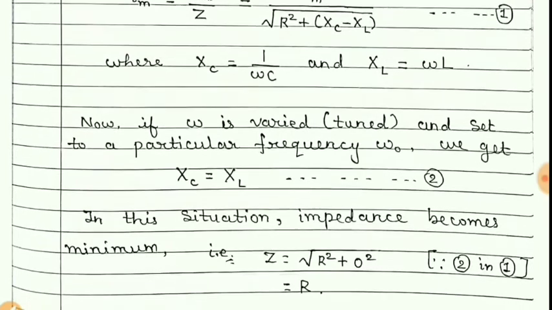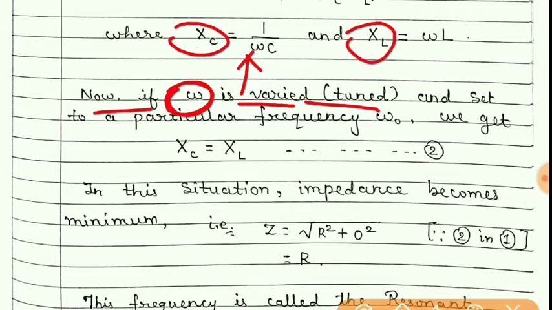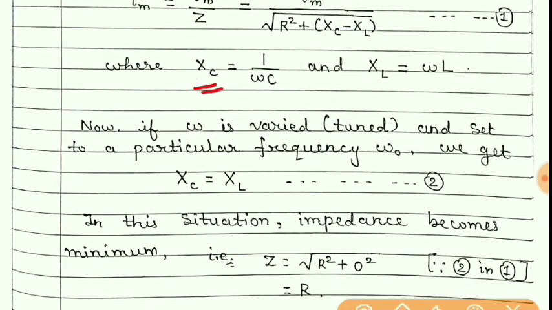Now if the frequency, that is omega, is varied or tuned in such a way that Xc and XL become equal. Students, from the formulas of Xc and XL, you can see that if I increase omega, then Xc will decrease because they are inversely proportional.